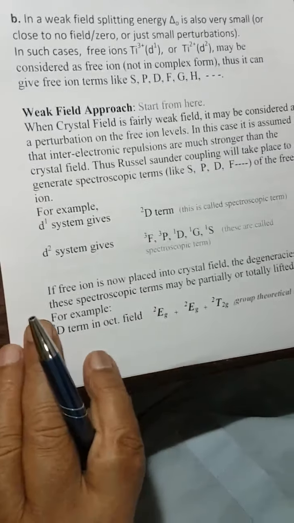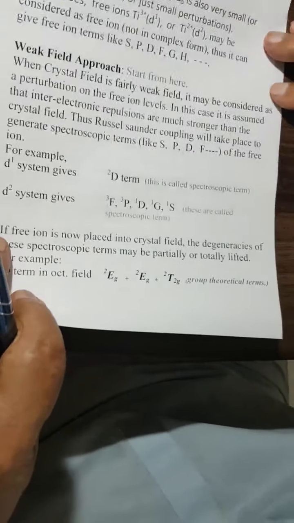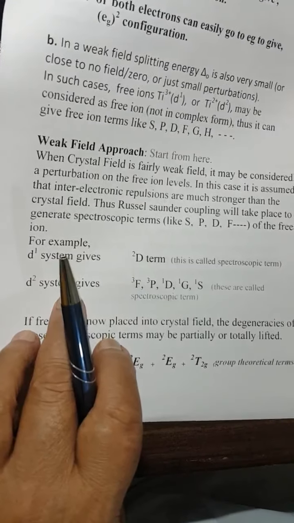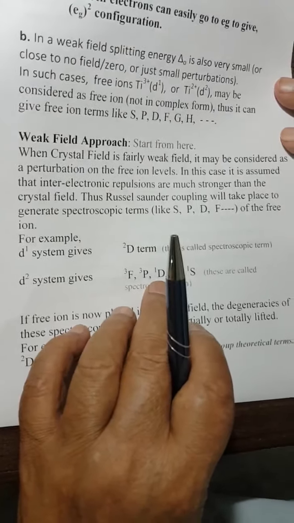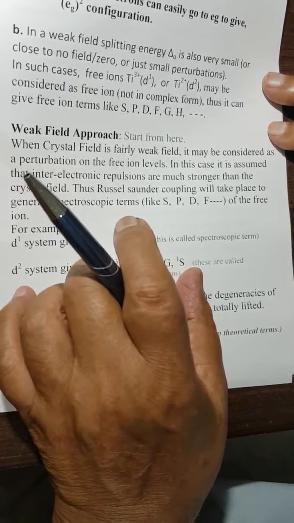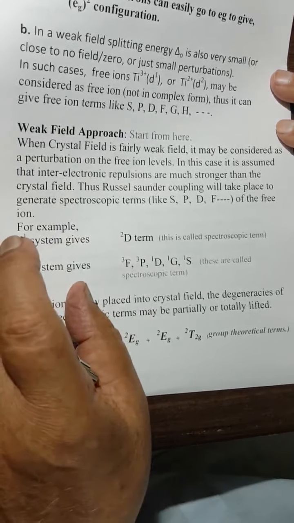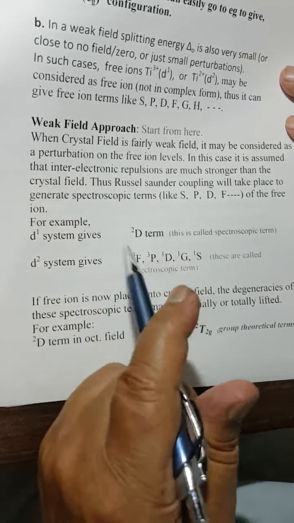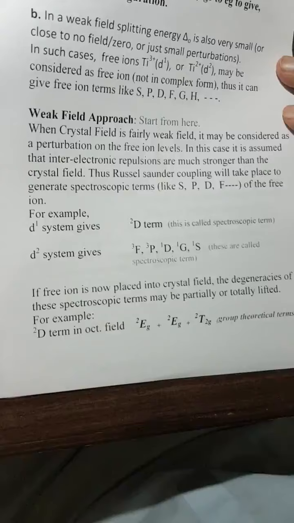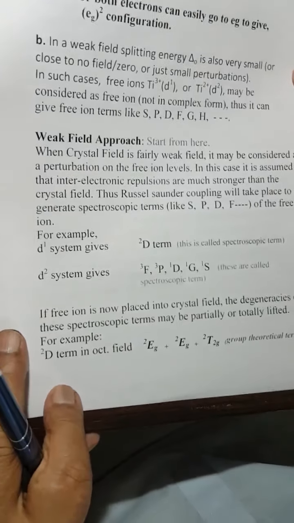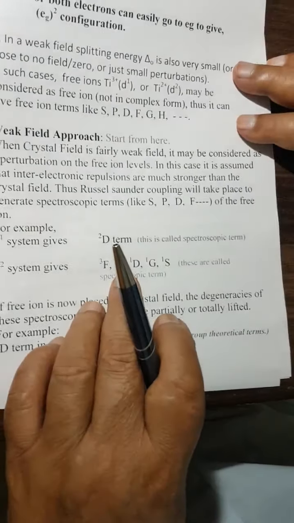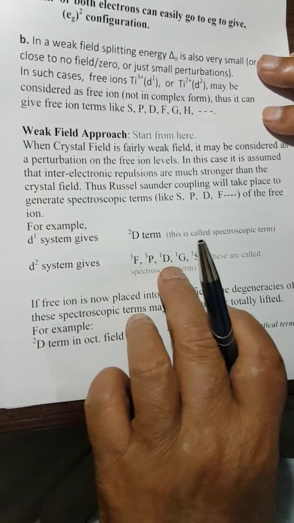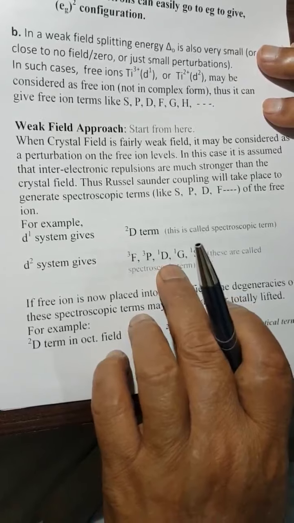This is the free ion. These are free ion terms. If you take these terms of the free ion and put it in the octahedral field, what happens to these? This is very simple. Whatever happens to p orbital, the same thing happens to this state. What happens to d orbital, the same happens to this.